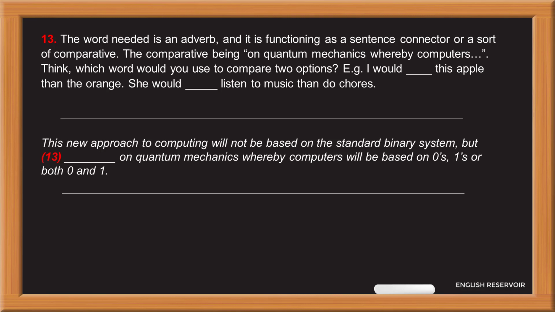She would rather listen to music than do chores. This new approach to computing will not be based on the standard binary system, but on quantum mechanics, whereby computers will be based on zeros, ones, or both 0 and 1.